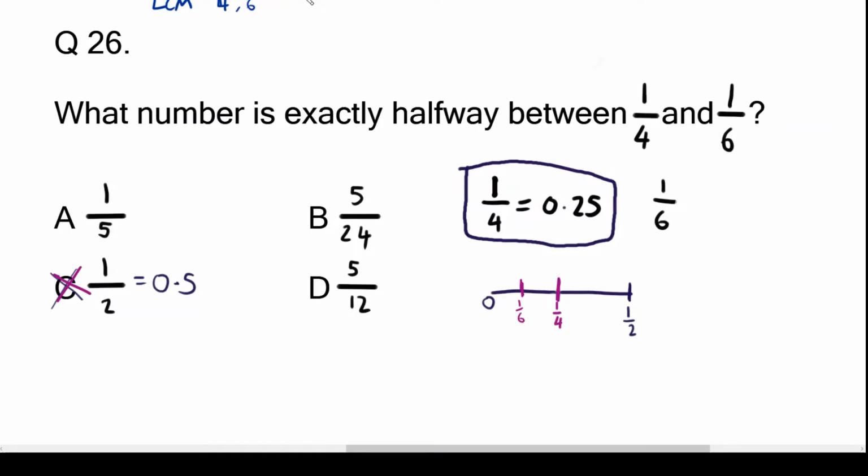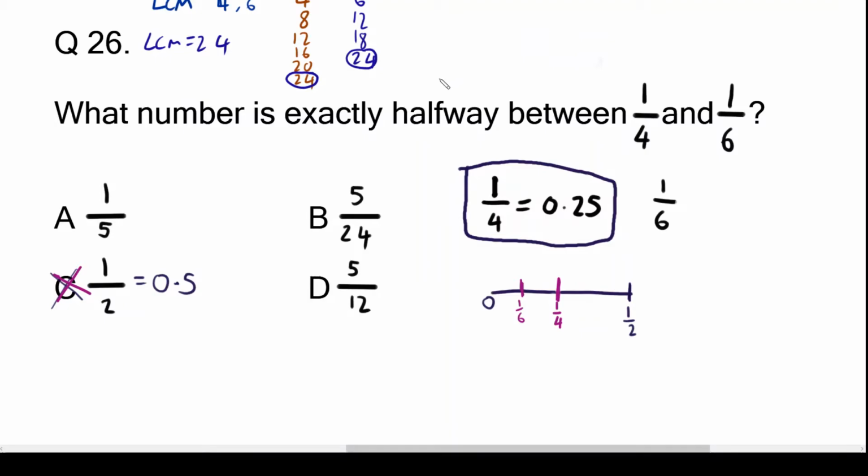So we've got 4, 8, 12, 16, 20, 24, and 6, 12, 18, and 24. So the lowest common multiple is 24.